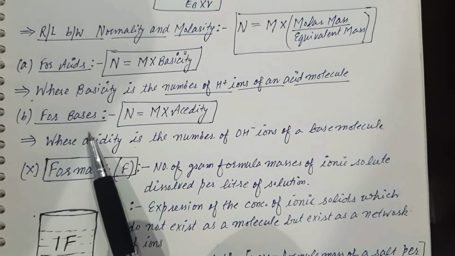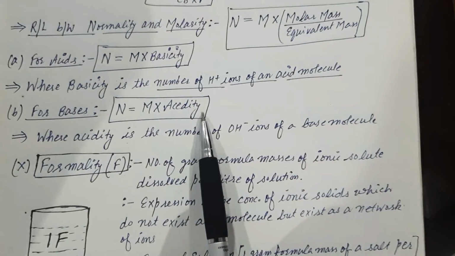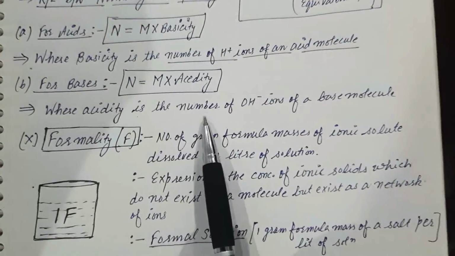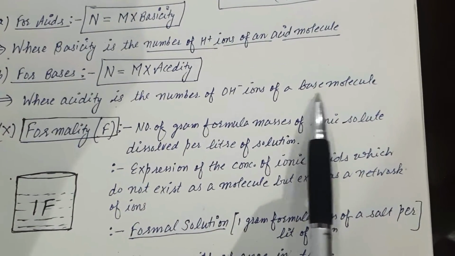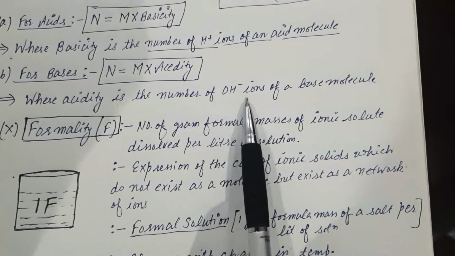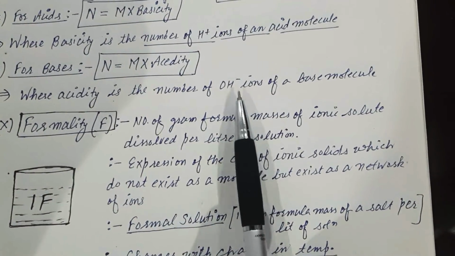In case of bases, N is equal to M into acidity. And what is meant by acidity? Acidity is the number of hydroxide ions of a base molecule. For example, in case of NaOH, sodium hydroxide, acidity will be 1 because there is 1 OH negative ion.